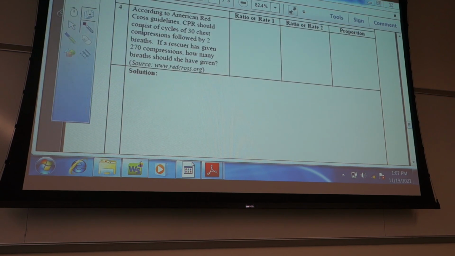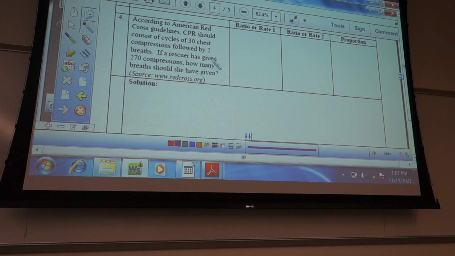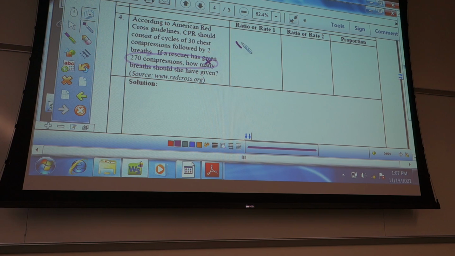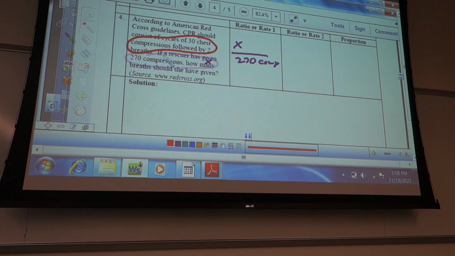Let's see, what do we have? We have how many? Again, here's my x. How many? So that goes with 270 compressions. So I do that one first: x over 270 compressions. Then I know the second one is 30 compressions and 2 breaths.